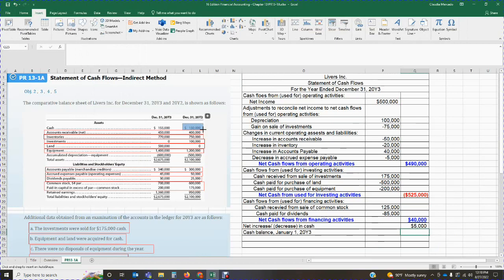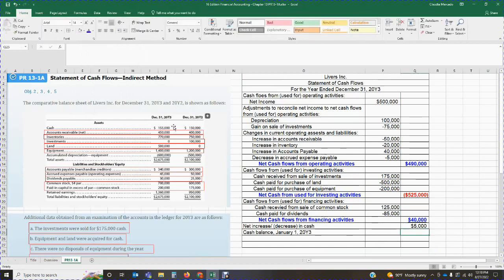I'm sorry, 20Y3 is this year. So it should be last year, December 31st, 20Y2. Whatever our balance was on December 31st, 20Y2, the beginning balance this year would be the same number.